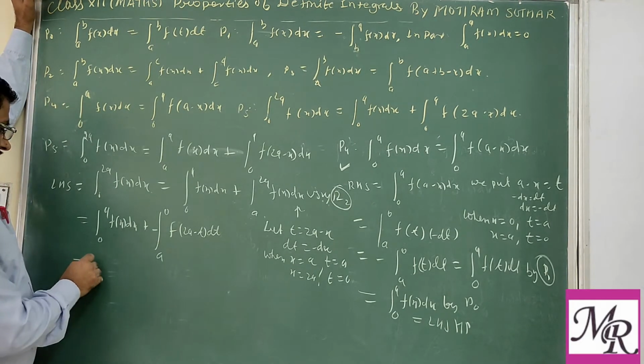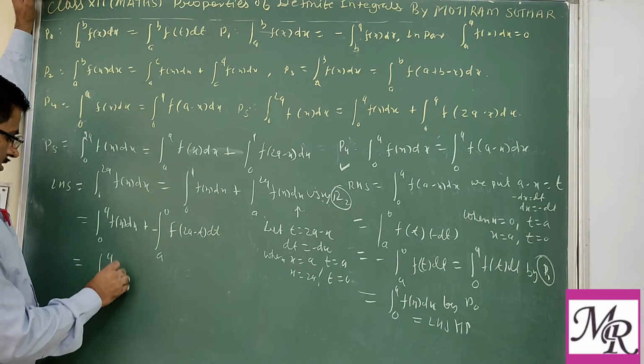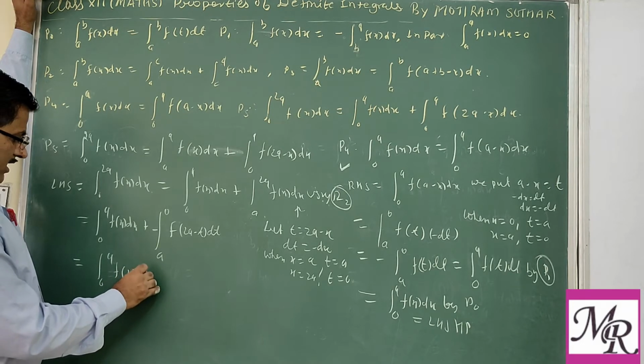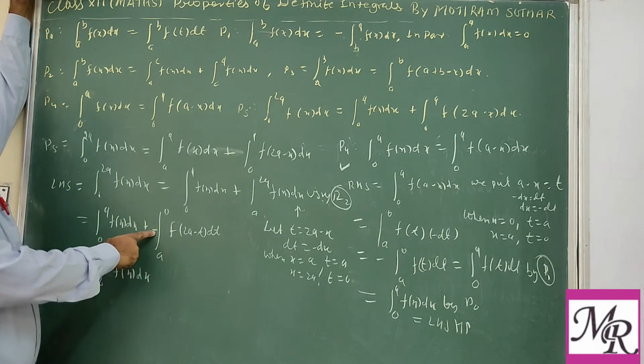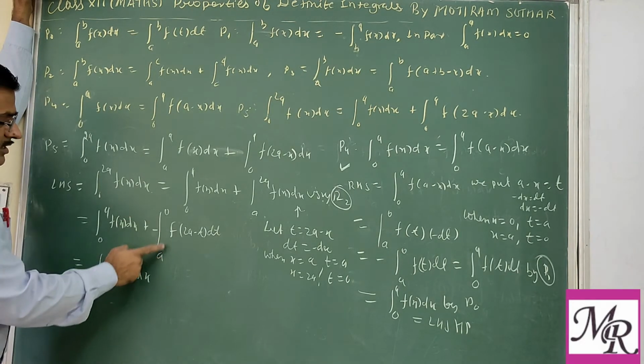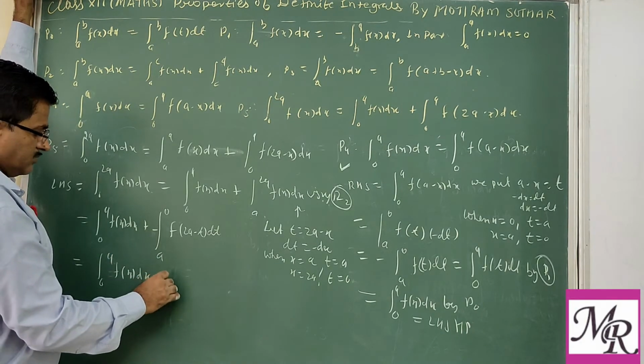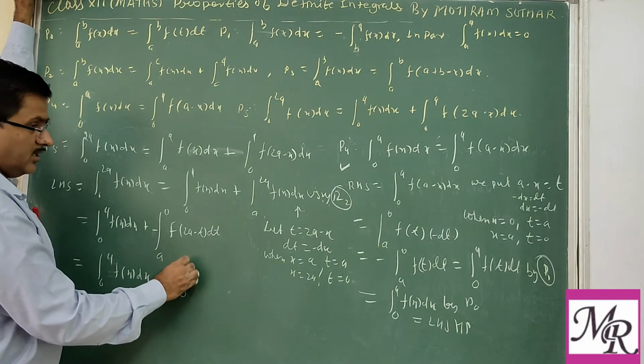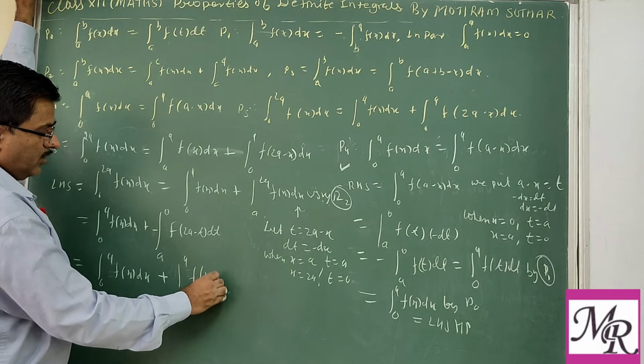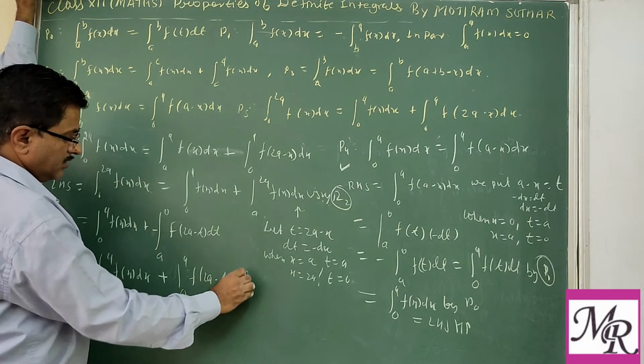Again you can say 0 to a of f(x) dx. Now if we change the minus, then the limits will change. So minus minus plus, the integral from 0 to a of f(2a minus t) dt.